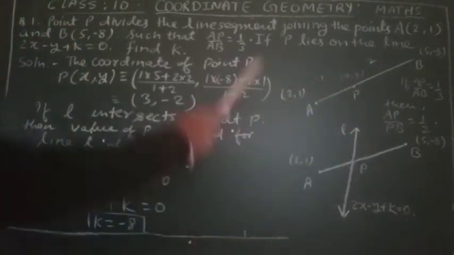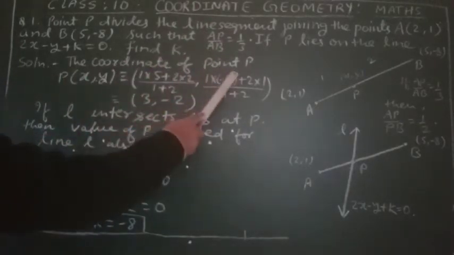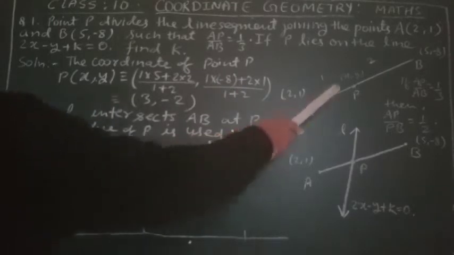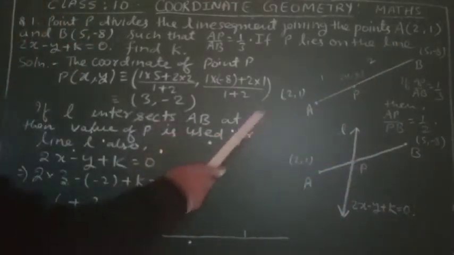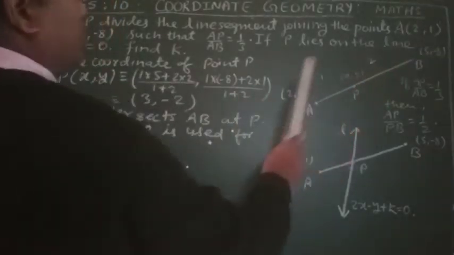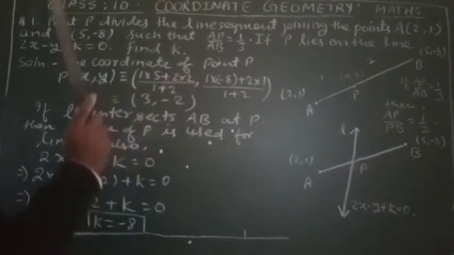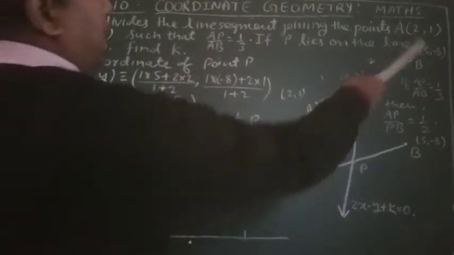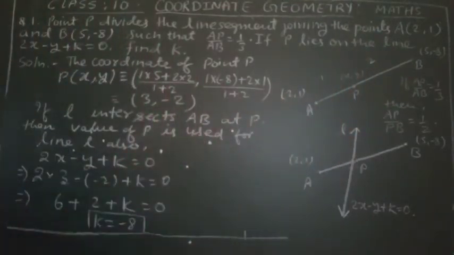Okay. Till here, let me complete. Let the coordinate of point P be (x, y) in the form of variables. So x is 1 into 5 plus 2 into 2 by 1 plus 2, and y is 1 into -8 plus 2 into 1 by 1 plus 2.